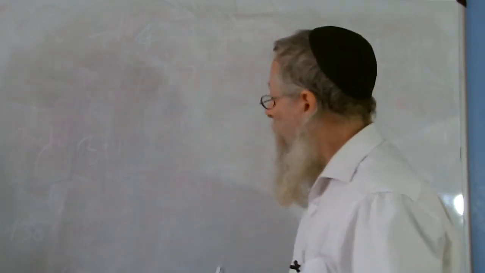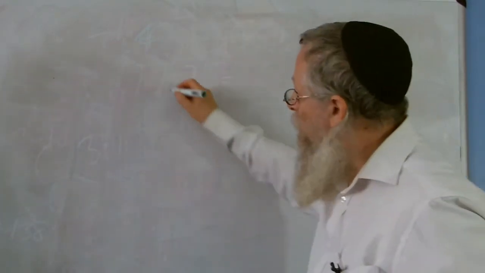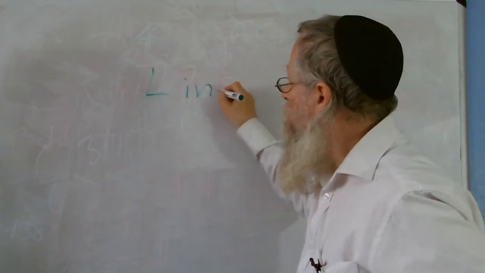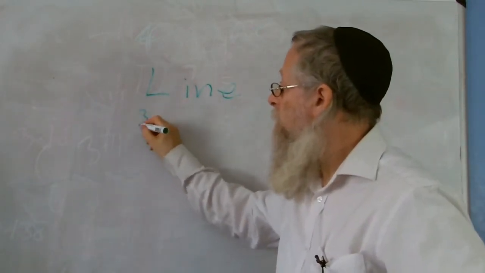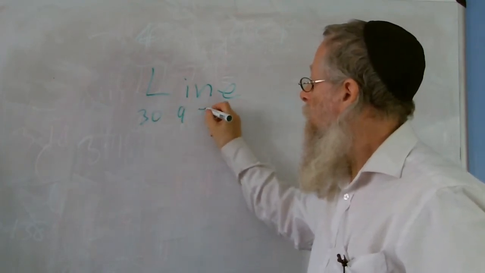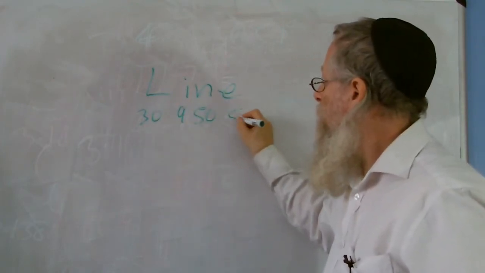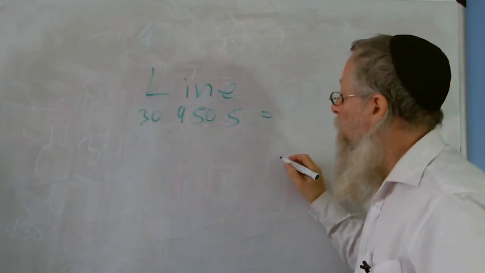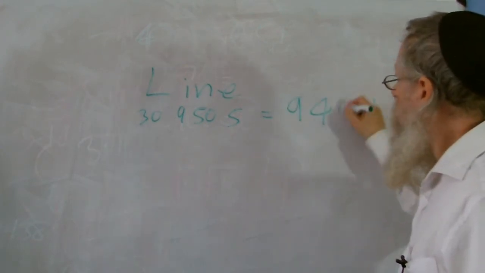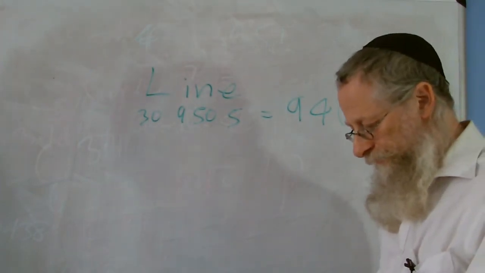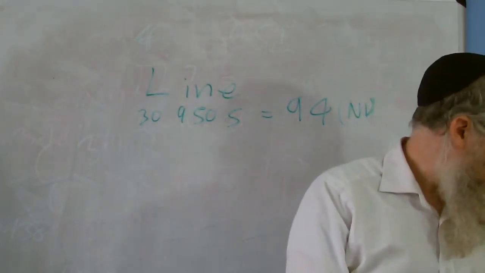So we'll take the word line, and we'll find the normal value. L is 30, N is 50, and 5. That will give you 94. That's the normal value. I don't know if you can see that. It needs a better green pen.